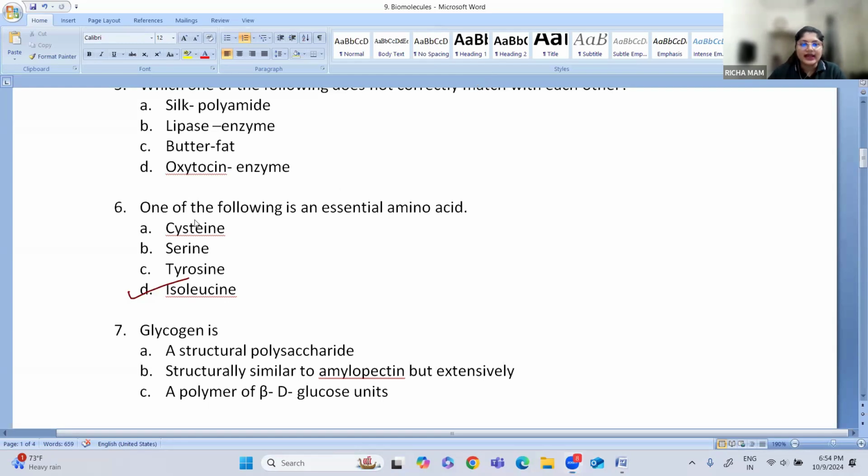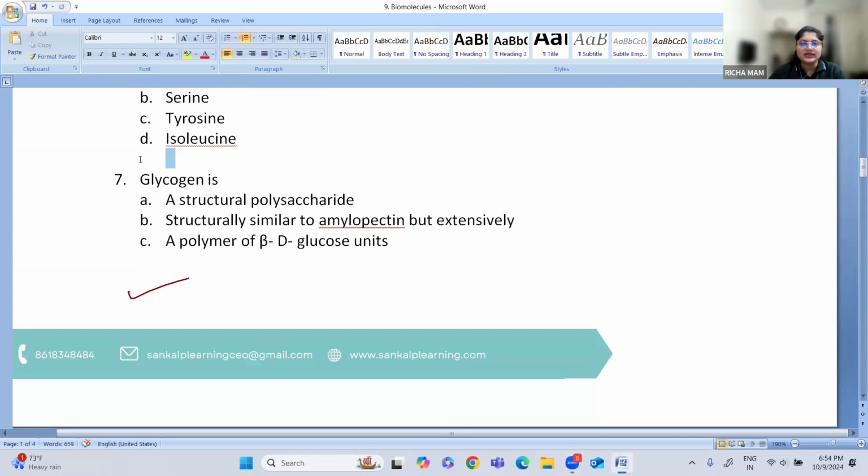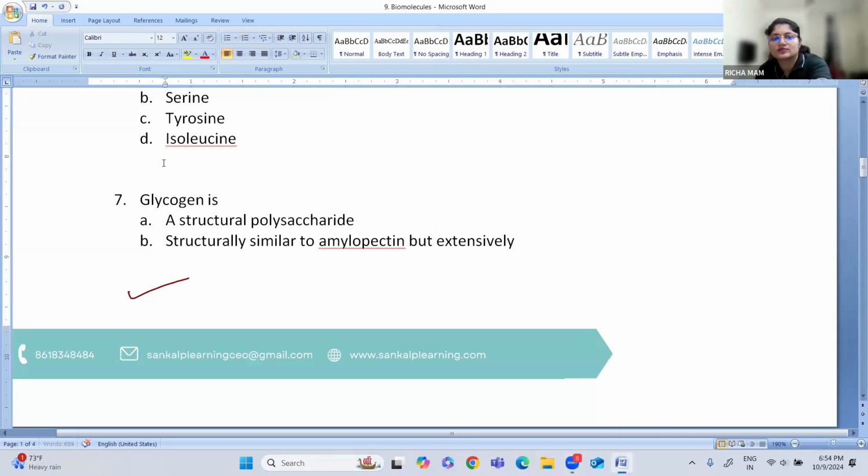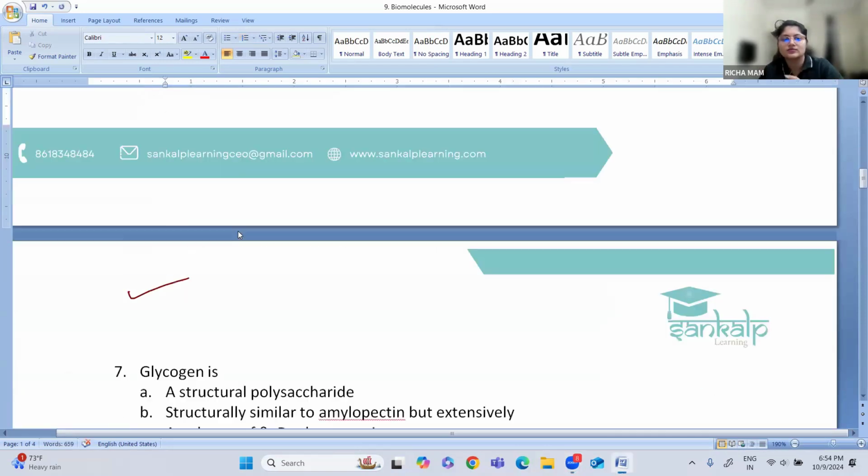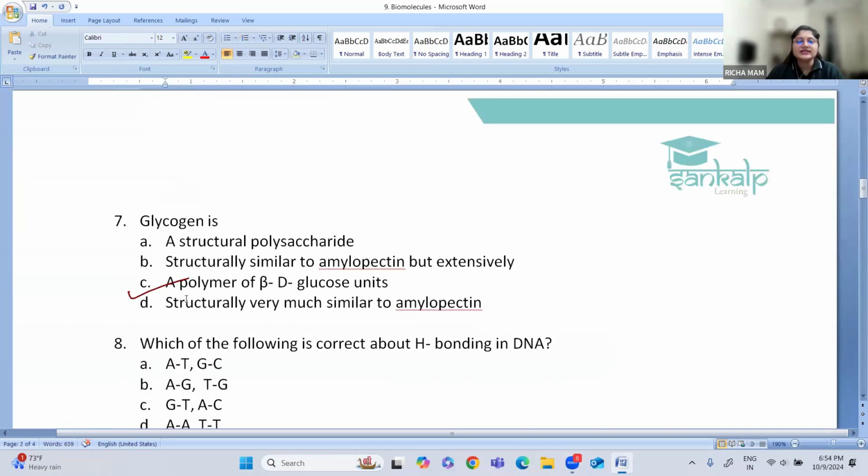Next: what is glycogen? A, a structural polysaccharide; B, structurally similar to amylopectin but extensively branched; C, a polymer of beta-D-glucose units; and D, structurally very much similar to amylopectin. What is glycogen?